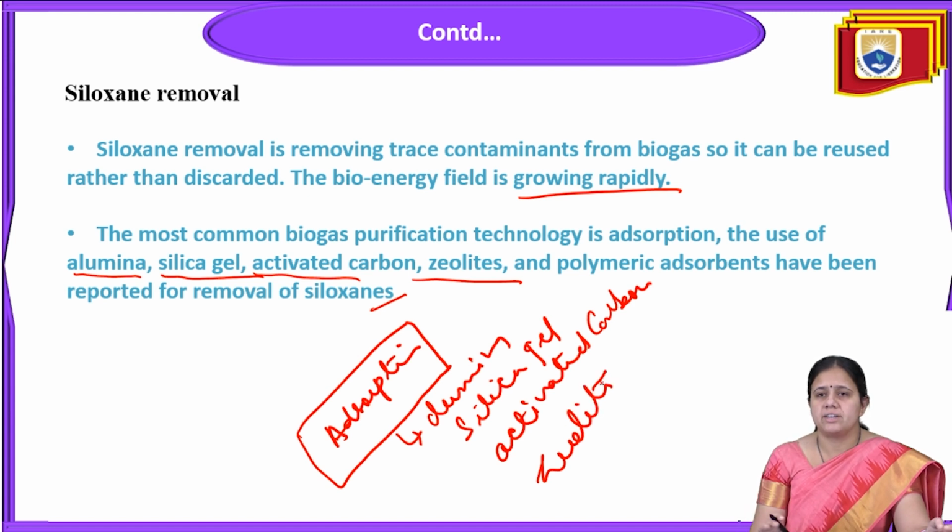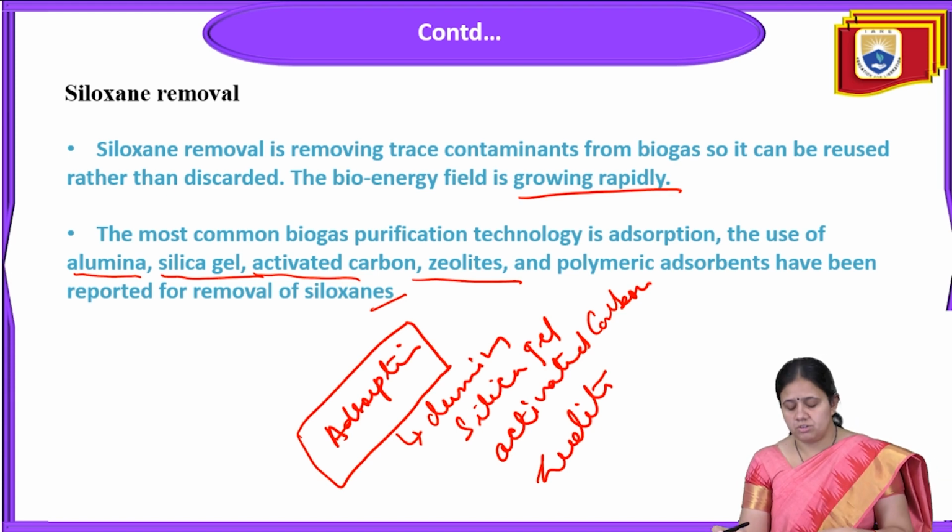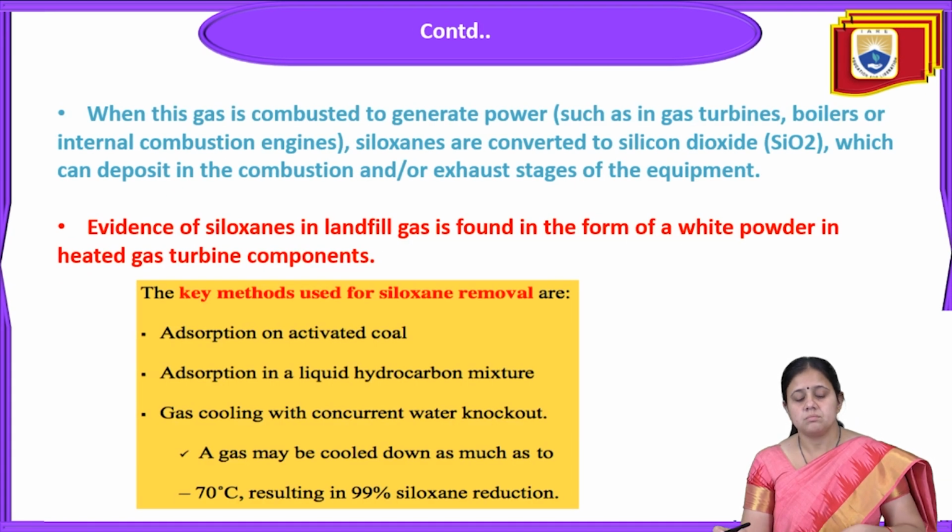These are the adsorbents that can be used in siloxane removal. This purification technology basically works on adsorption, and these common materials have been reported for the removal of siloxane.